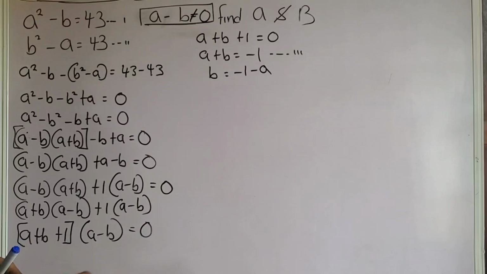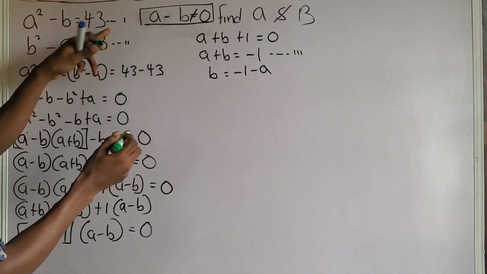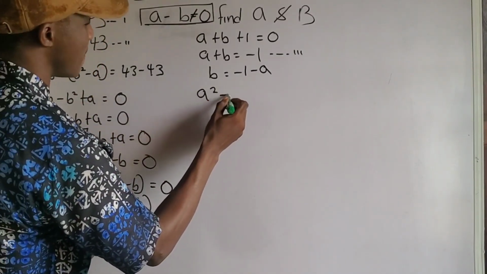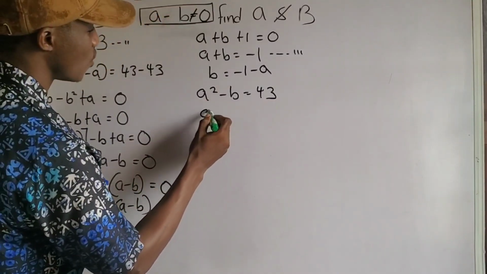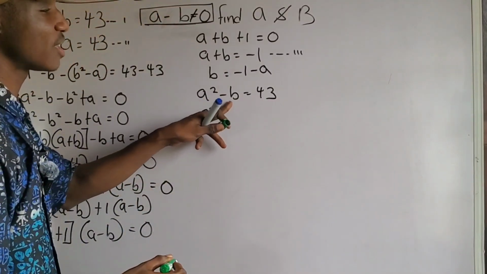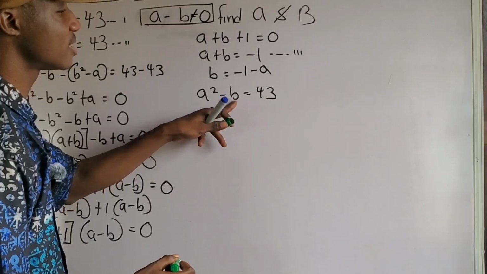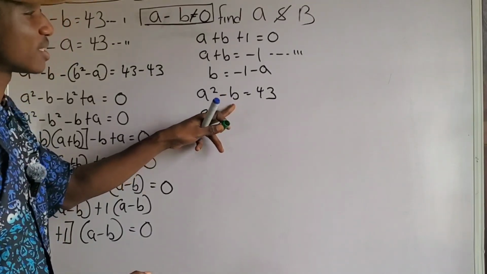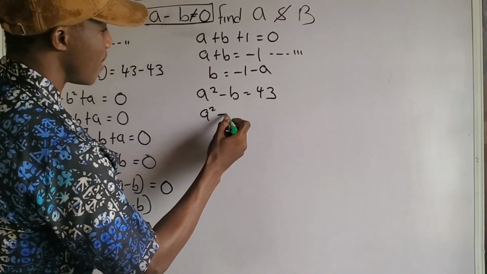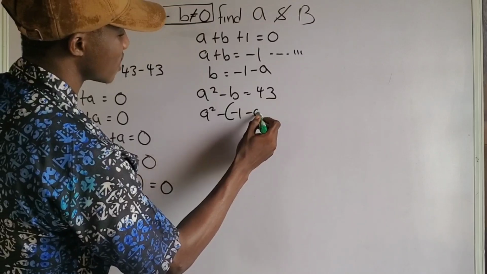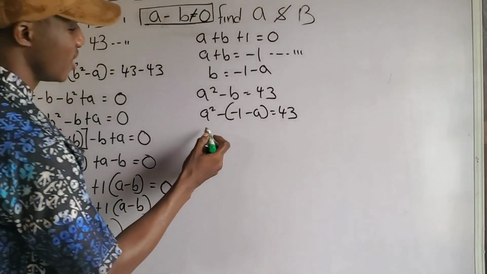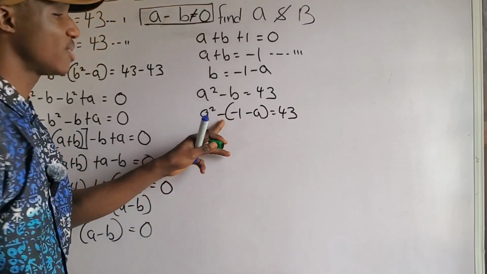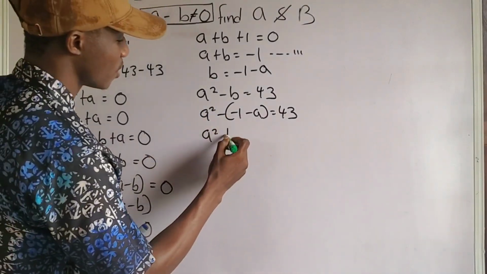Are you getting it? This is the first equation, a squared minus b equals 43, right? Now I'm going to have a squared, and instead of this b, I'm going to replace it with negative 1 minus a. So I'm going to have a squared minus, bracket, minus 1 minus a, equals 43. Do you understand? A squared, minus times minus 1, that is plus 1.